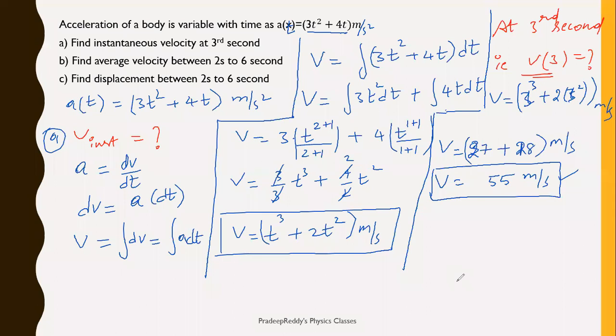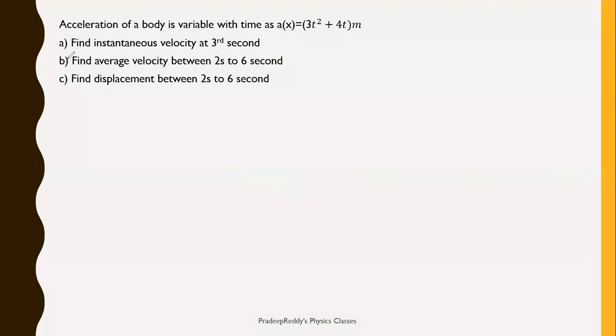Now coming to the next question. In the next question, you are supposed to find out average velocity between 2 second and 6 second. Now we have got instantaneous velocity in the previous derivation. V instantaneous is equal to t cube plus 2 t square meter per second.